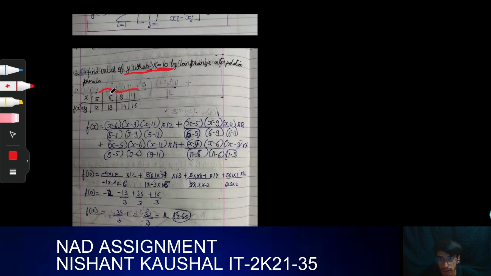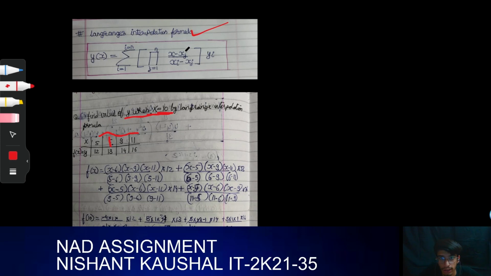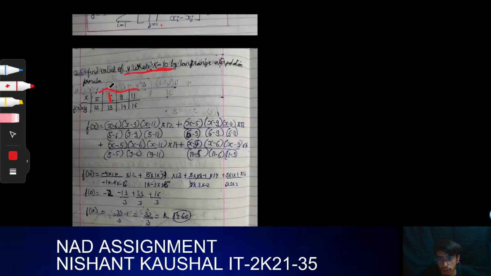So what we will do is use this formula: x minus xj, that is 1, 2, 3 and 0, right? So x minus x1, x minus x2, x minus x3 upon xi minus xj. Here i is 0, so x0 minus x1, x0 minus x2, into f(x0) of 5, right?